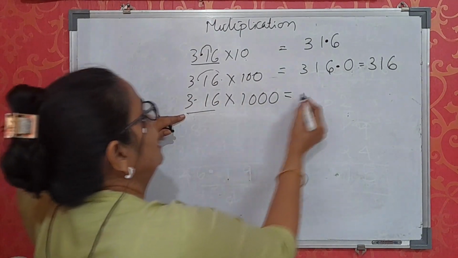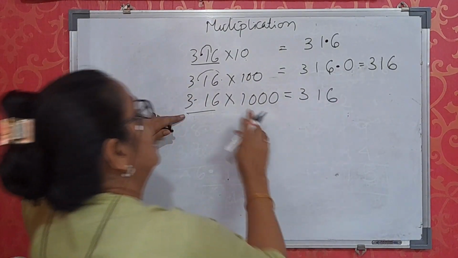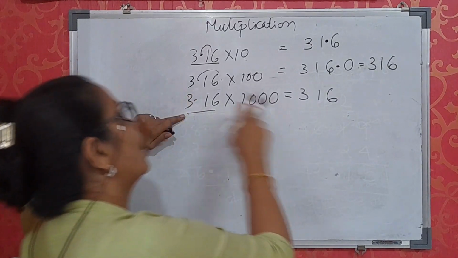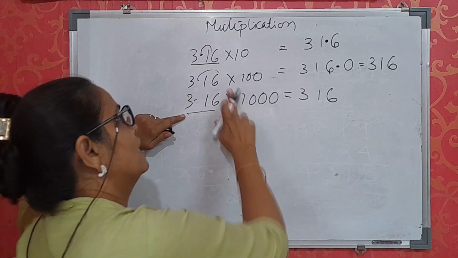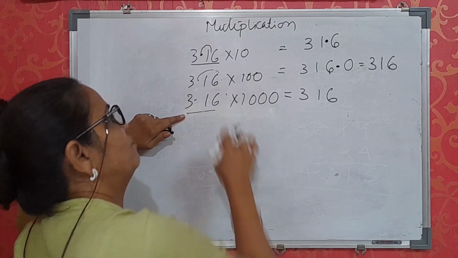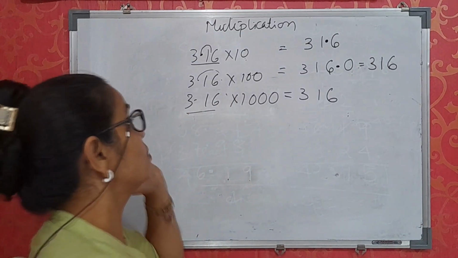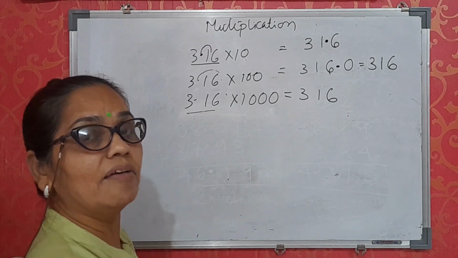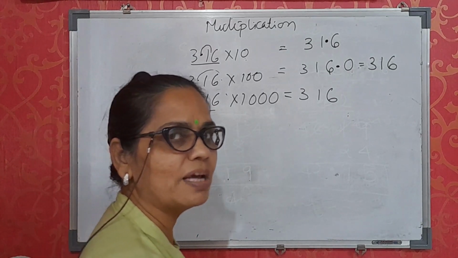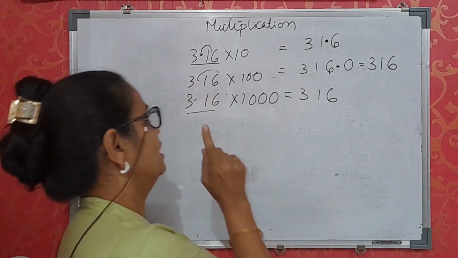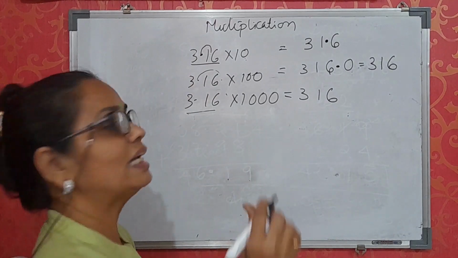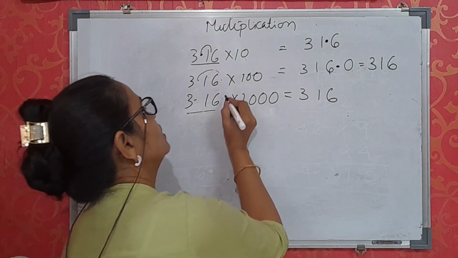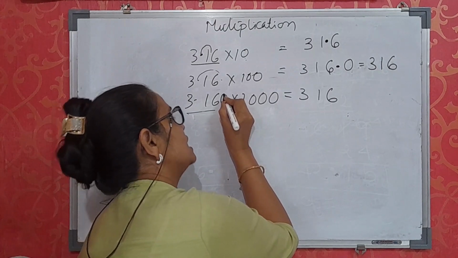Now here again 316, thousands place. So after thousands place you have to shift your decimal point. Now you must be wondering, here only hundreds place is there. There we have to bring the thousands place. So I taught you that you have to make it like decimals. So thousands place, put 0.